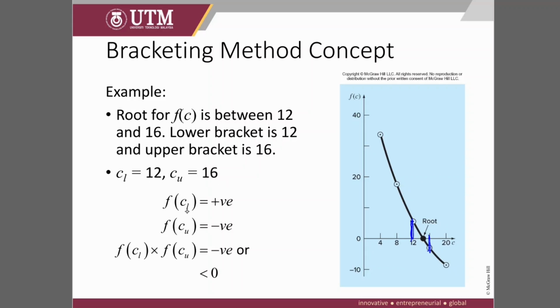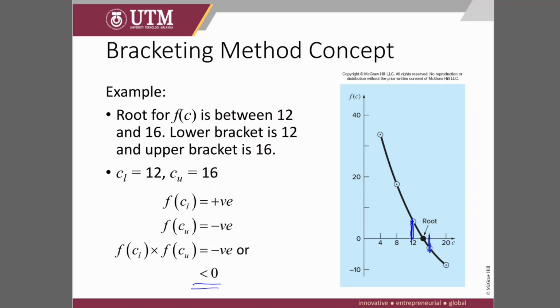Then f(c lower) is a positive number, and f(c upper) is a negative number, which is here. So the product of these two functions is a negative number, or I can simply put less than 0, which is the same thing. Okay, so this is the concept.